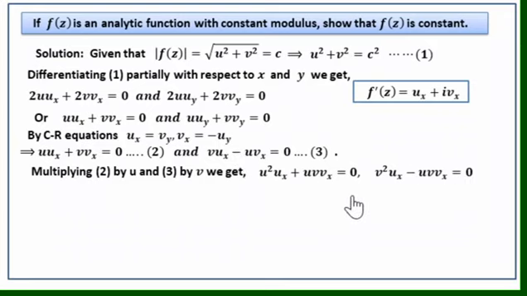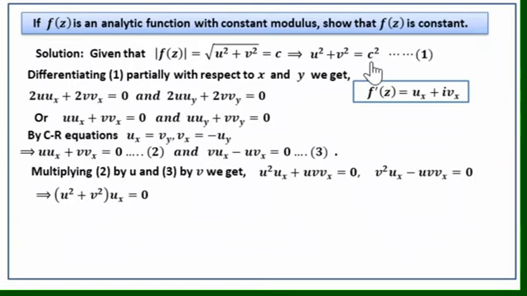Now if we add these two equations, uv vx minus uv vx is 0, and we get u square ux plus v square ux equal to 0, or u square plus v square into ux equal to 0. Note that u square plus v square is not equal to 0, because u square plus v square is c square and we assume that c square is not equal to 0.